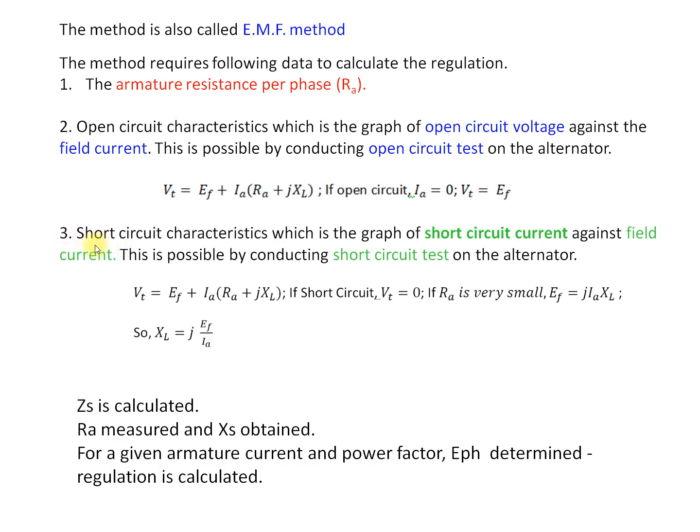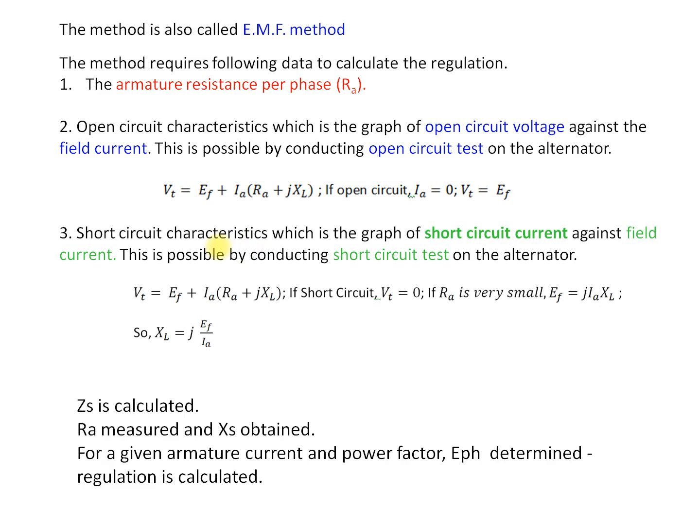Next one is the short circuit characteristics test. For this test, we short circuit the terminals of the armature, that is, the alternator. After short circuiting, we vary the field current in order to make the short circuit current flow through the short circuit path.